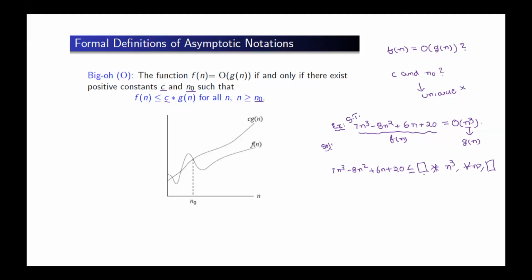Is 1 correct? For example, if we take n naught equal to 0, with c equal to 1 and n naught equal to 0, whether it satisfies the condition or not?